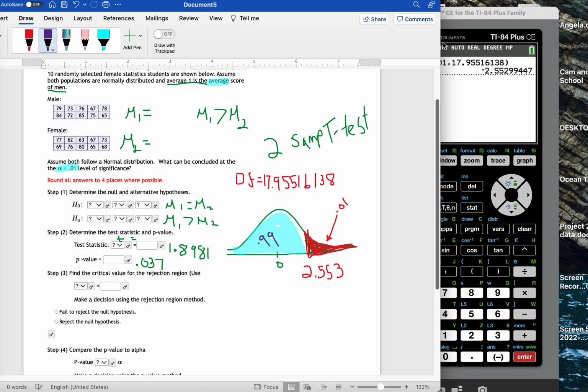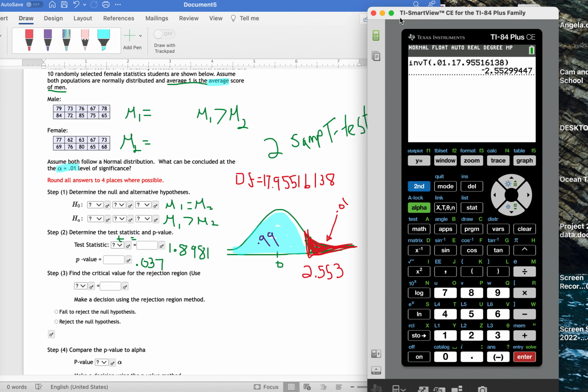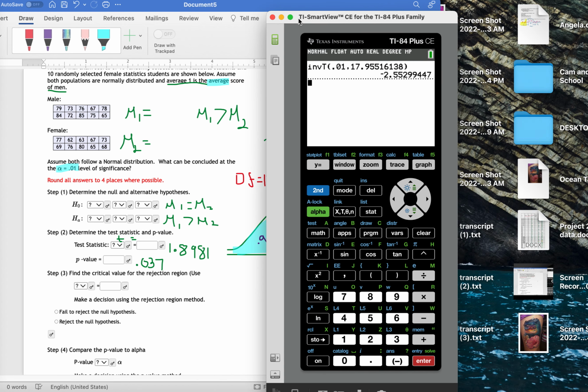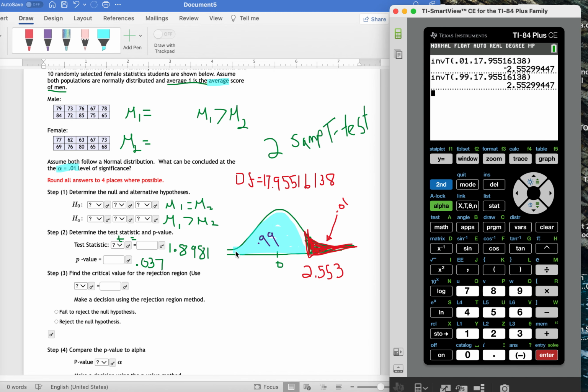So if you want to get the correct sign, I could redo inverse t, and instead of putting in 0.01, I could put in 0.99, and it will give me the same number, but the positive value of that, because remember the calculator gives you the area to the left.